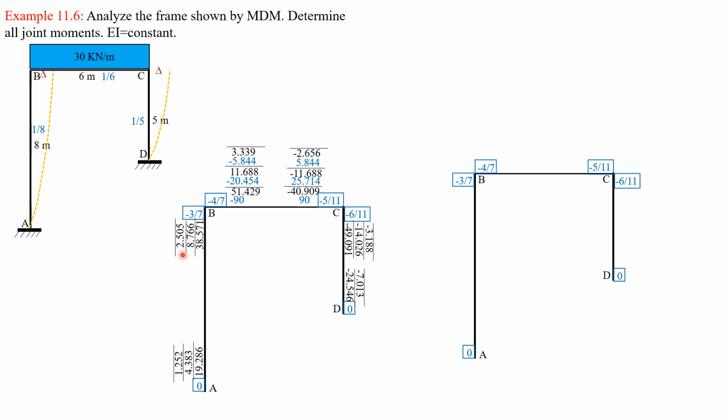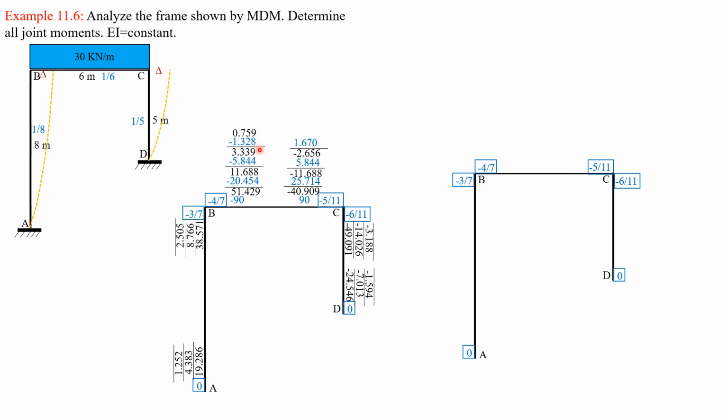Then carry over half of 2.505 here, lock partially. Half of negative 2.656, negative 1.328. Half of 3.339, 1.670. Half of negative 3.188 here, lock partially.